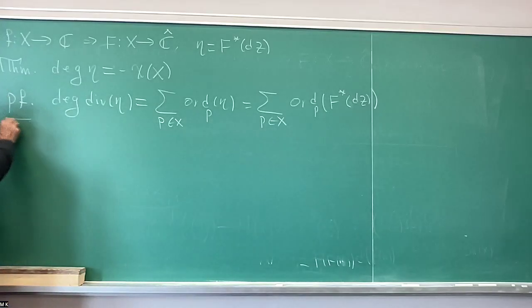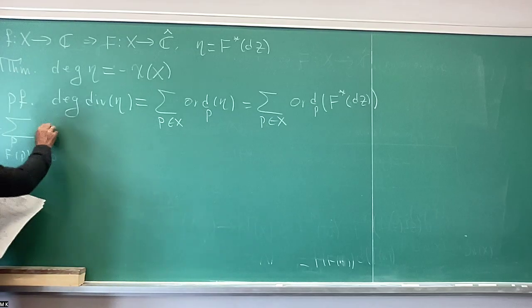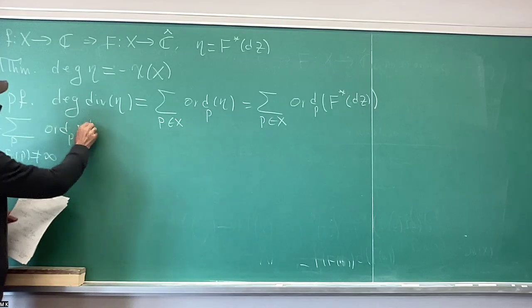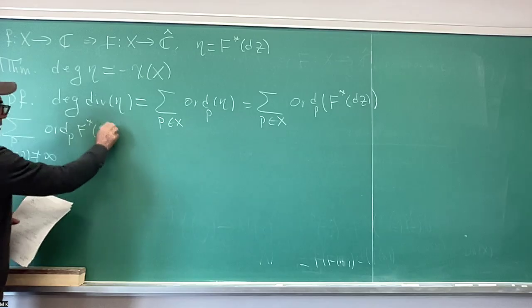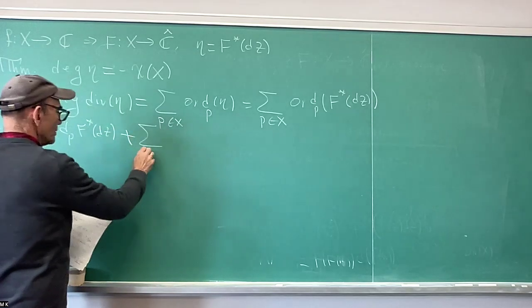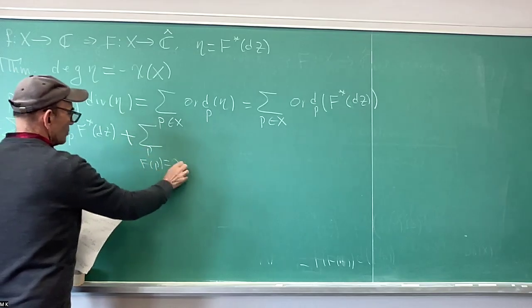So this is equal to sum over all p such that f of p is different from infinity of order at p of f star of dz, plus sum over all points p such that f of p is equal to infinity.